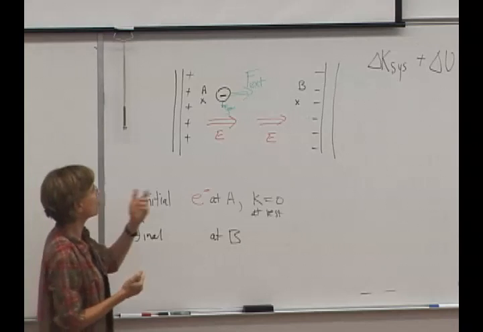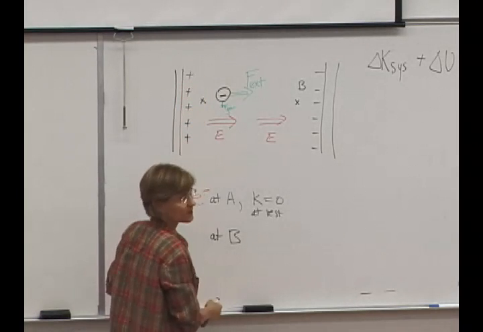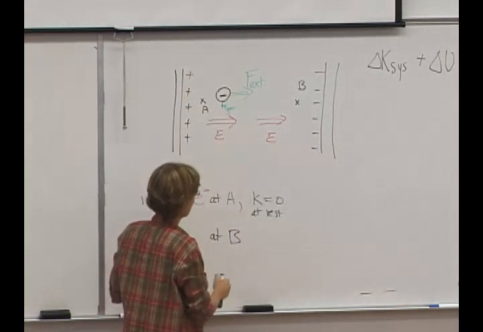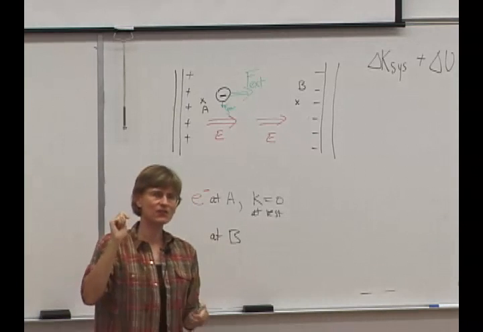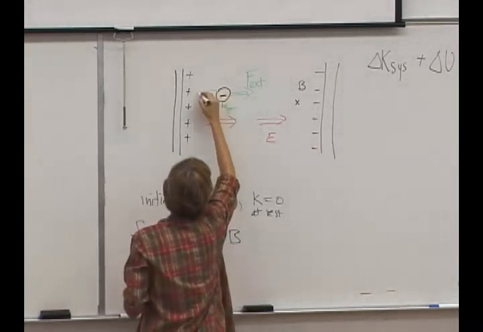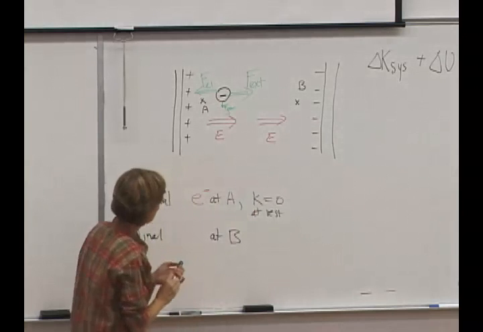And if I'm going to pull it along at constant speed, how big does that force need to be? Actually, at constant speed, it only needs to be equal to that force, right? Because with the net forces, so here's the electric force.